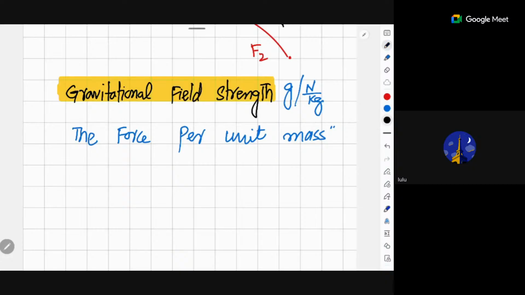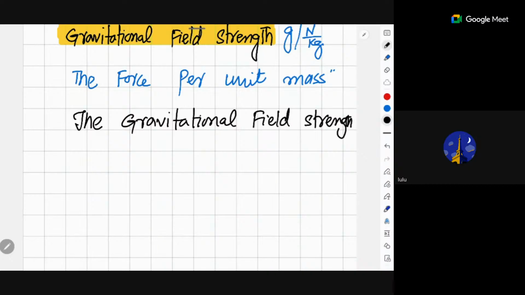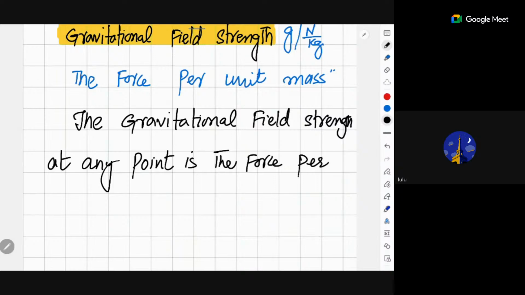But for the exam definition, because the gravitational field strength varies with position, the gravitational field strength at a point, or at any point, is the force per unit mass.